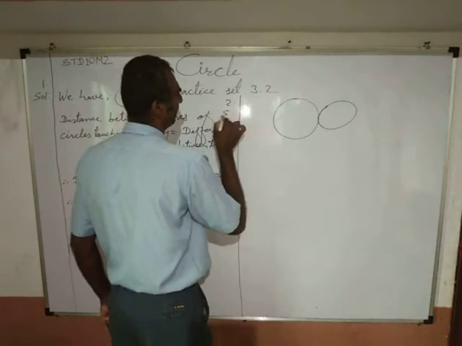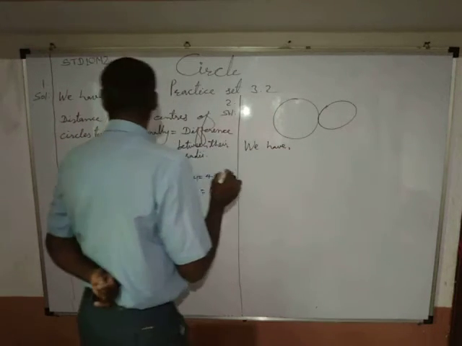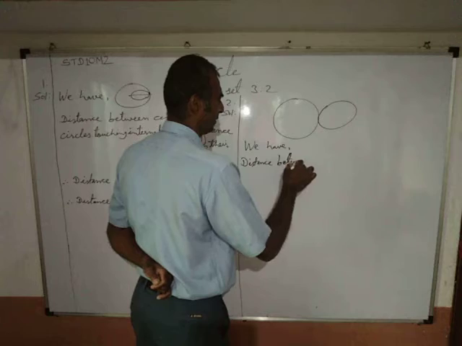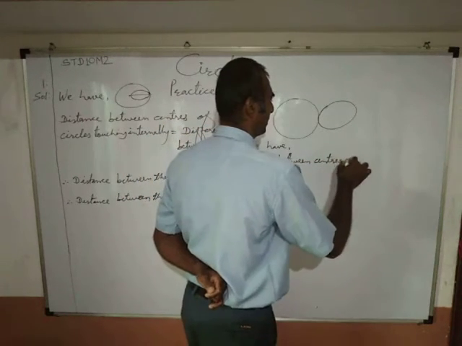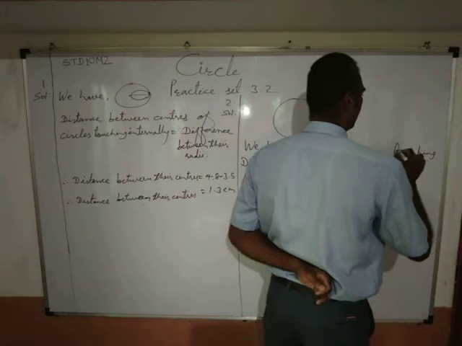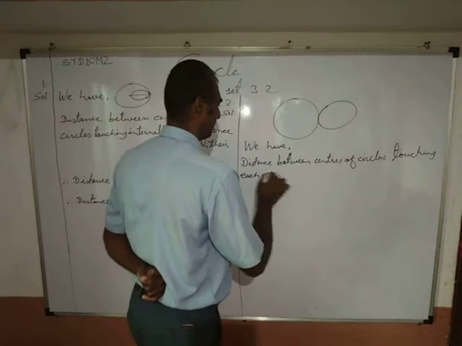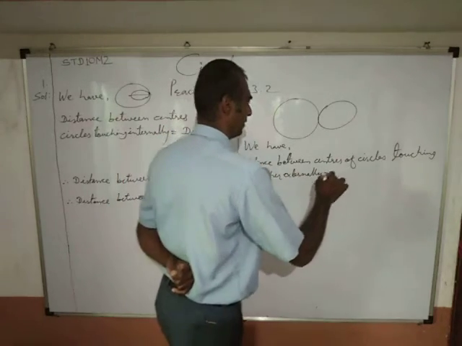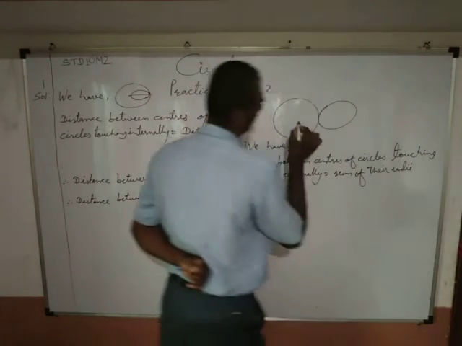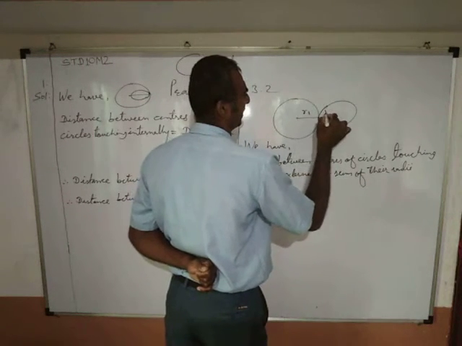Question second, solution. Okay, we have the distance between centers of circles touching each other externally equals the sum of their radii, as we know that their point of contact lies on a line passing through their centers.